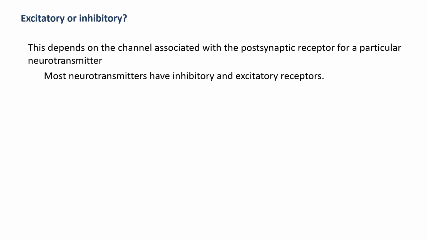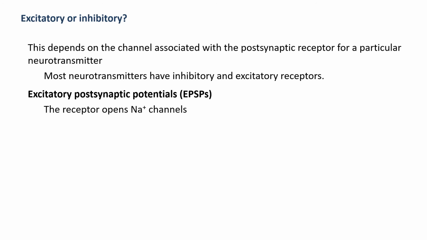Now, most neurotransmitters in their own right are not inhibitory or excitatory. Most neurotransmitters have inhibitory and excitatory receptors at different places. Often they have little numbers to identify them as different types of receptors.